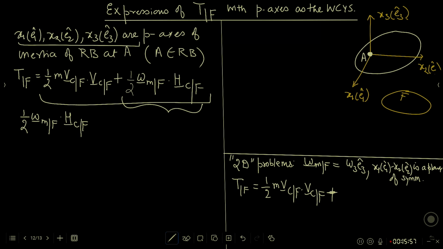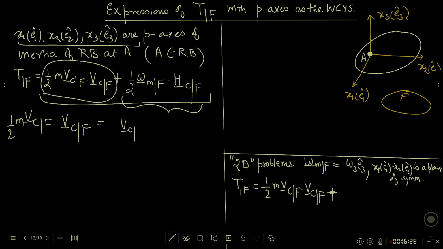Half M VCF dot VCF will simply be M times V1 square plus V2 square plus V3 square by 2, where VCF is V1 E1 plus V2 E2 plus V3 E3.